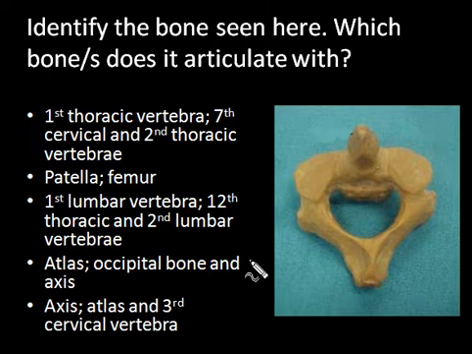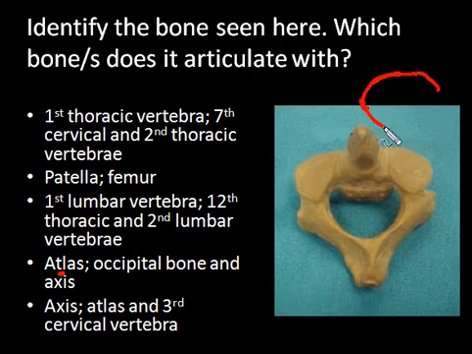So let's look at these two choices where you know that the first two cervical vertebrae are atypical. They're very different from the rest of the vertebrae, and you should be able to recognize them. So let's see if this is the atlas. The atlas is a ring-shaped cervical vertebra, so it does not have a body.